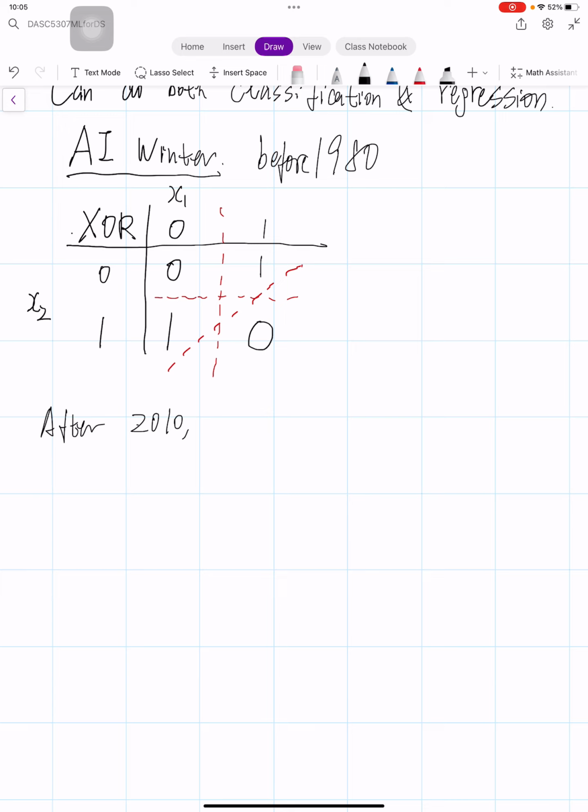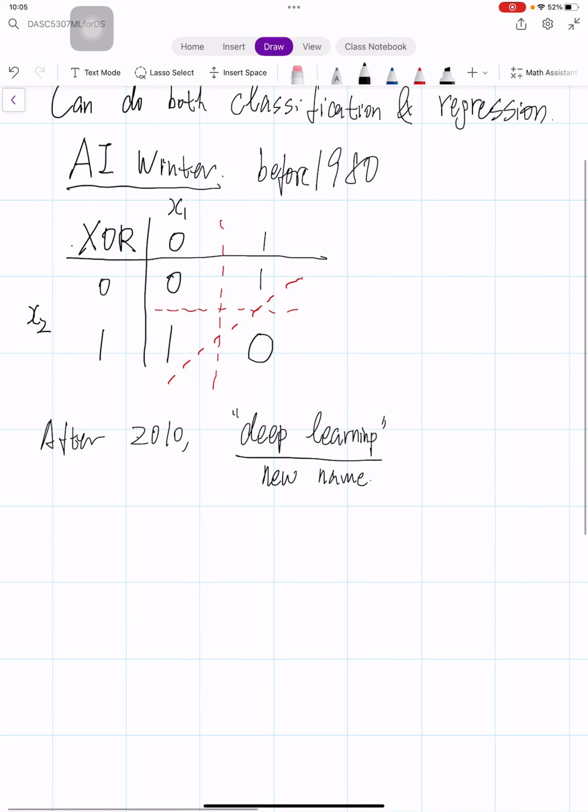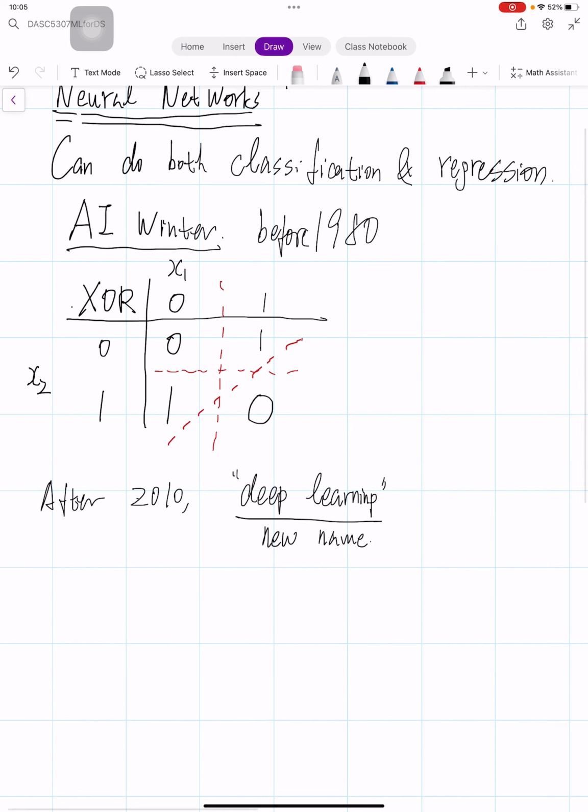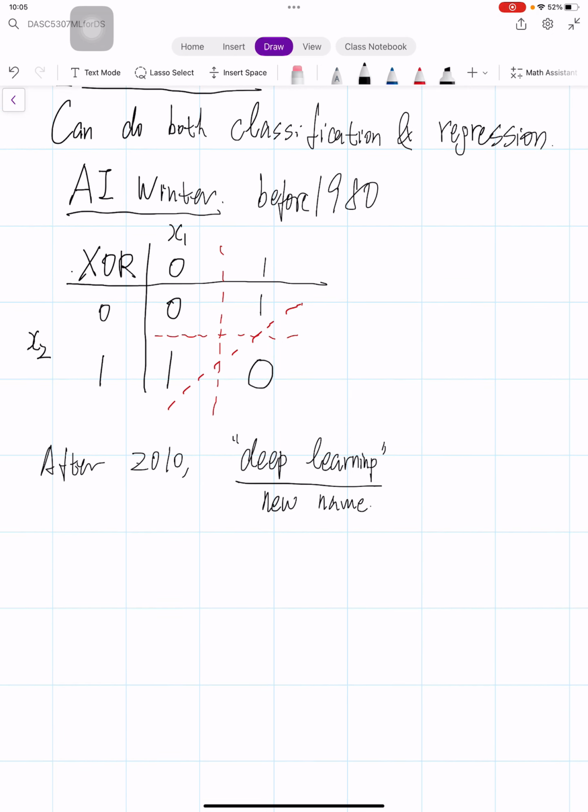And now they get a new name. It's called deep learning. But actually, the idea of this tool is not new. People kept doing this research for years.